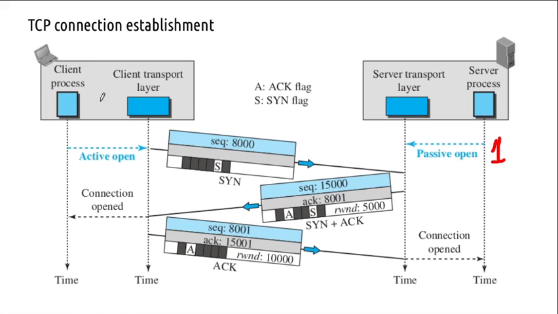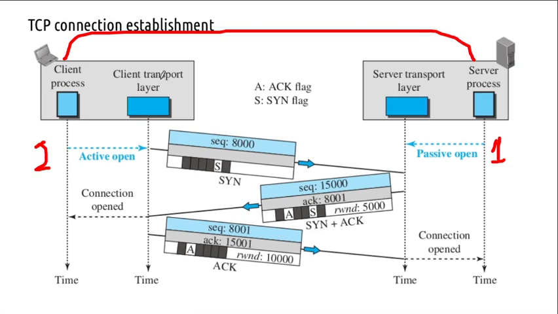And again, the client side. The next step is that the client application layer has to communicate, has to exchange data with the server process. So these two processes want to communicate over a TCP link.